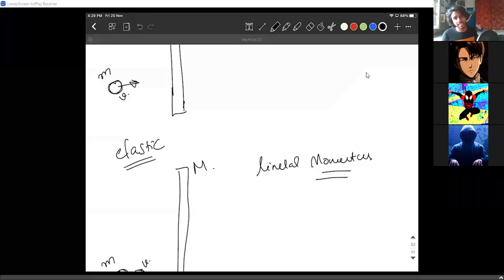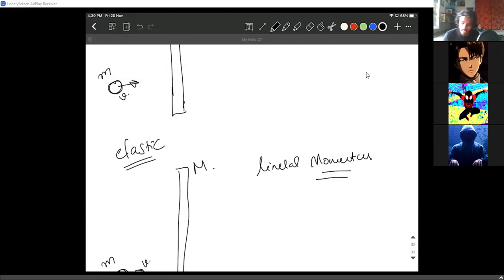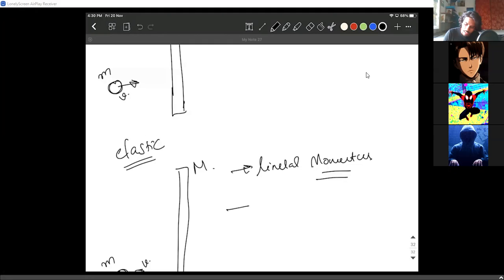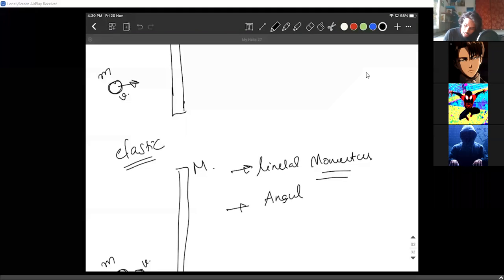Or you can simply consider that the whole collision is happening on a horizontal surface. If the rod is sitting horizontally, a particle is coming and hitting it. You can consider that also, right? Yes, sir. The total momentum can be conserved. Total momentum, linear and angular. Of course, total linear momentum and angular momentum can be conserved. The linear momentum is conserved here. The angular momentum is conserved here.